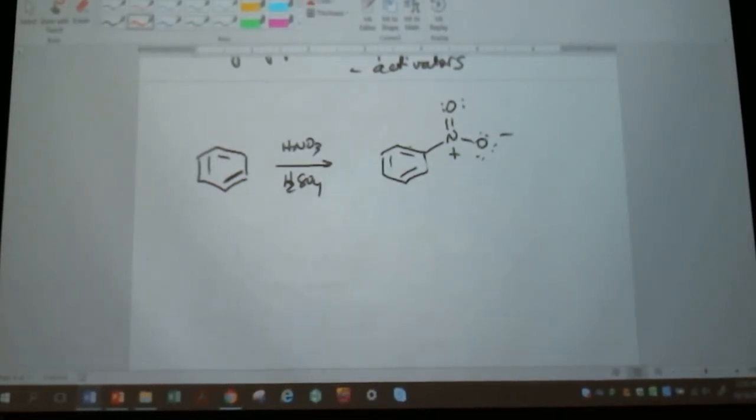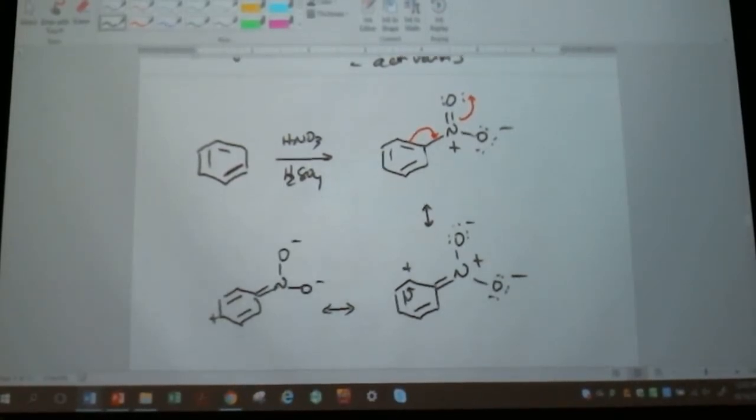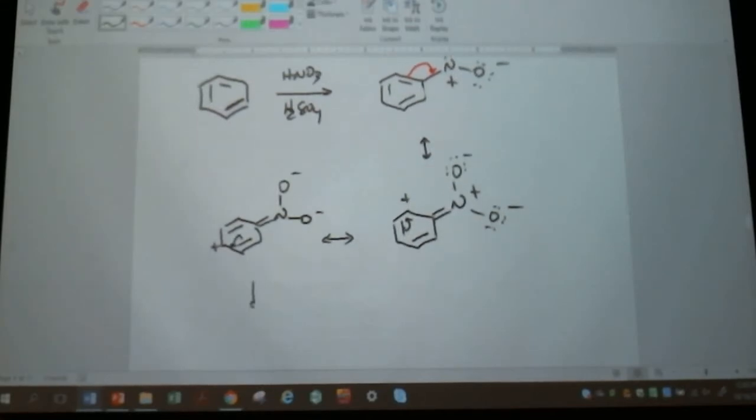Right. I could draw this resonance structure, and I could draw this resonance structure, and I could draw this resonance structure.